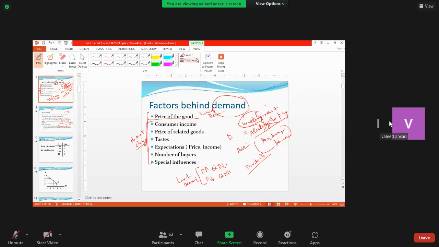When the price increases, less of a particular good is demanded, and when price decreases, more of a good is demanded. So that is why there is an inverse relationship between price and quantity demanded, and they are inversely related. You see that if one is increasing, the other is decreasing. We are not saying anything about how much.